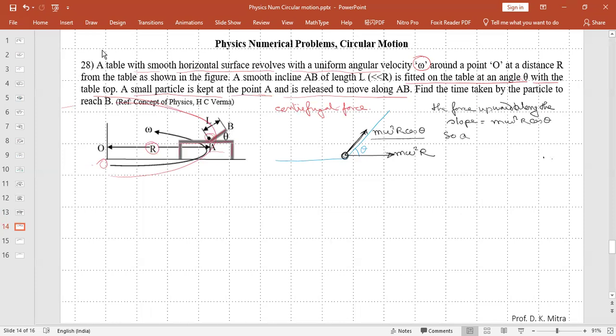So the upward acceleration is equal to omega square r cos theta. Now, with upward acceleration, it will start moving upward. Now, the question is, find the time taken by it to reach the topmost point, B.